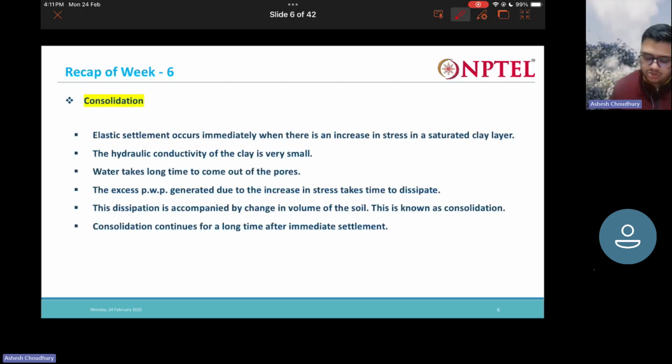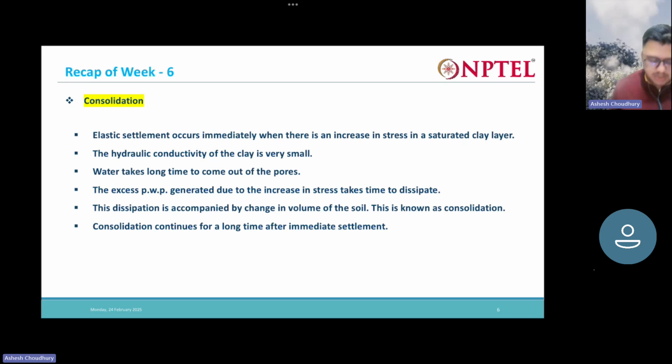Now let us see consolidation. What is consolidation? You have a completely saturated soil mass. As soon as you apply some loading onto the soil, maybe in the form of some surcharge or external loading, at the instant you apply the load, there is going to be some elastic settlement.